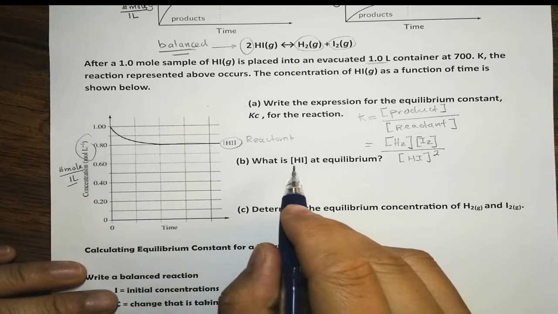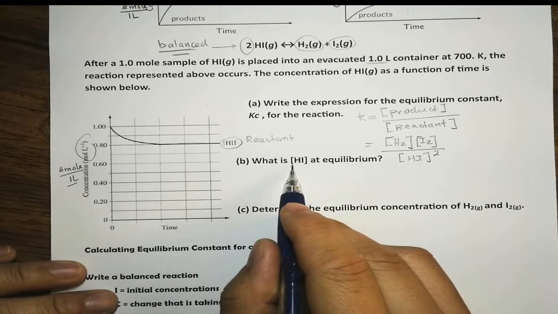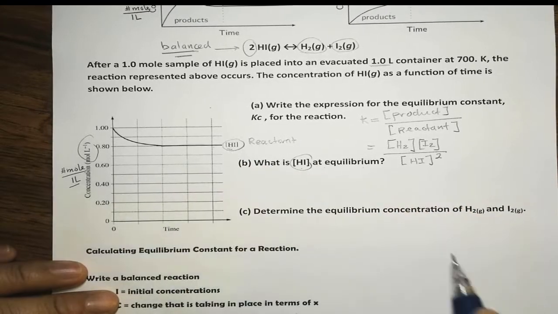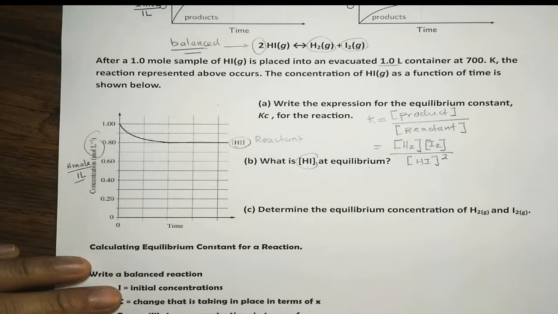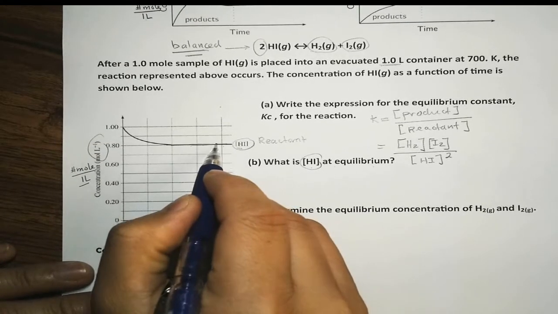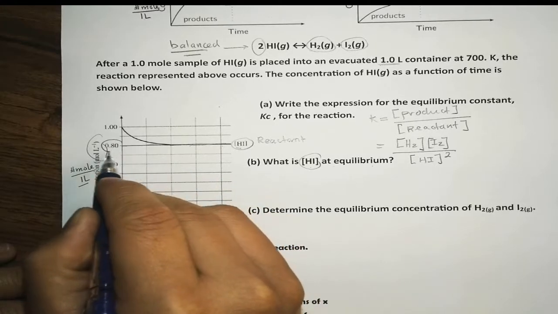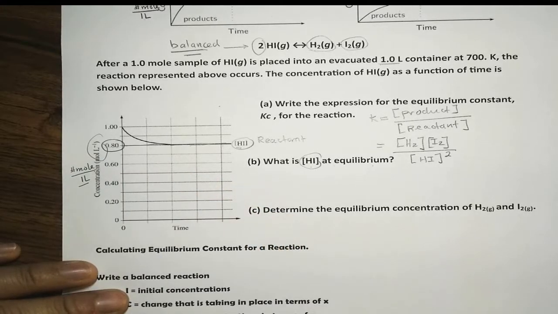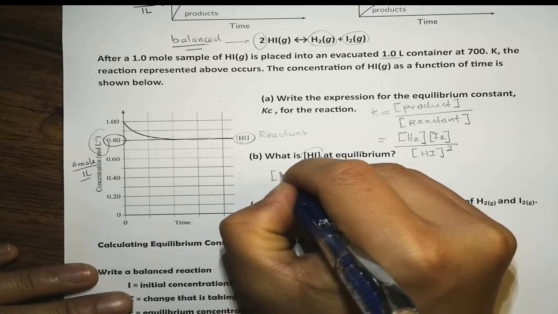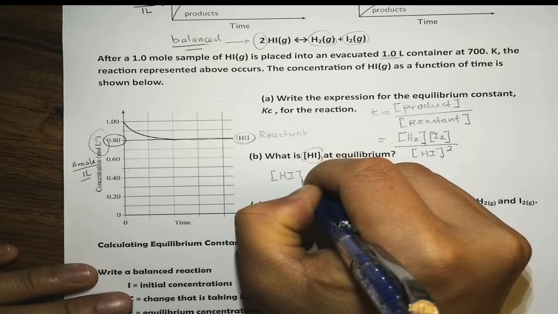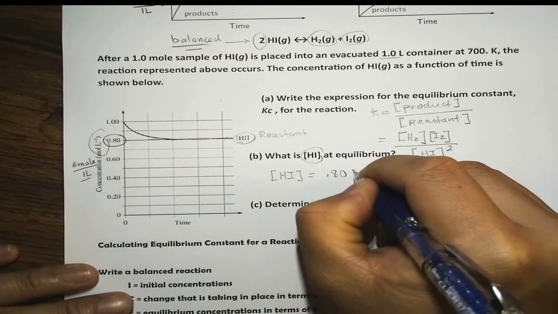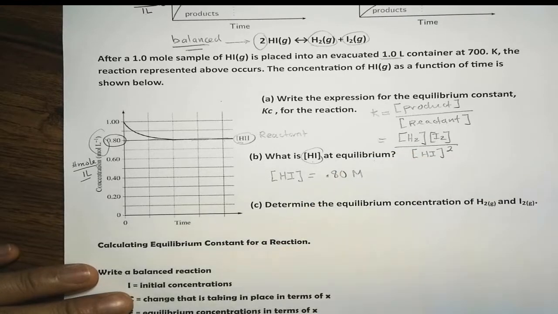Now, what is the concentration of HI at equilibrium? And this is represented here. If we look at this graph, where does equilibrium really happen? Of course, all you have to do is trace back this line right here, going across like this, and you know that this is the concentration of HI. In this case, the concentration of HI at equilibrium is equal to 0.80 M. There you go.